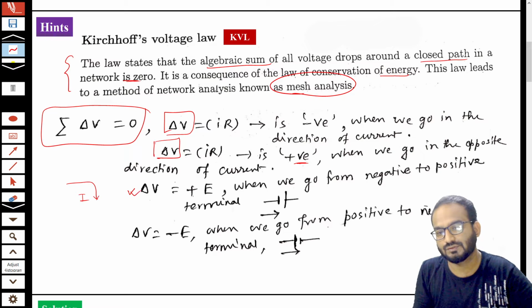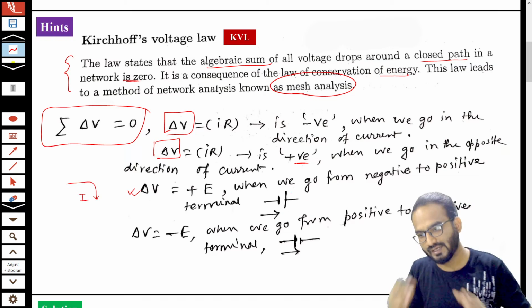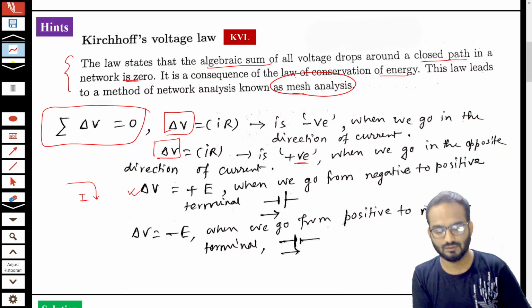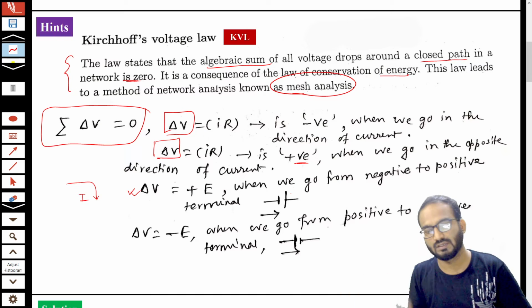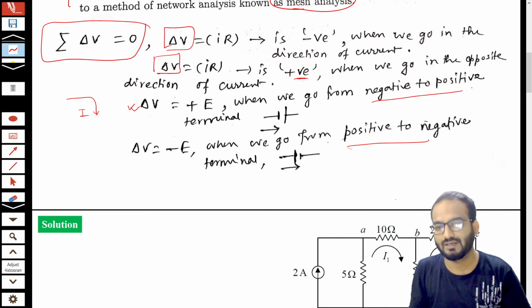And delta V equals plus E when you go from negative to positive. A quick formula to remember: whatever comes at the last will be the sign. Negative to positive is positive, and positive to negative is negative.